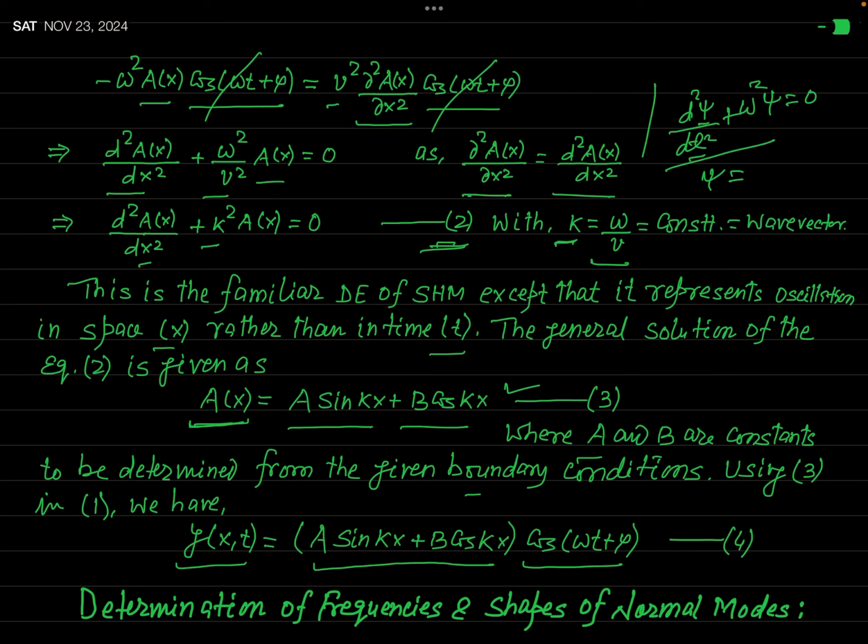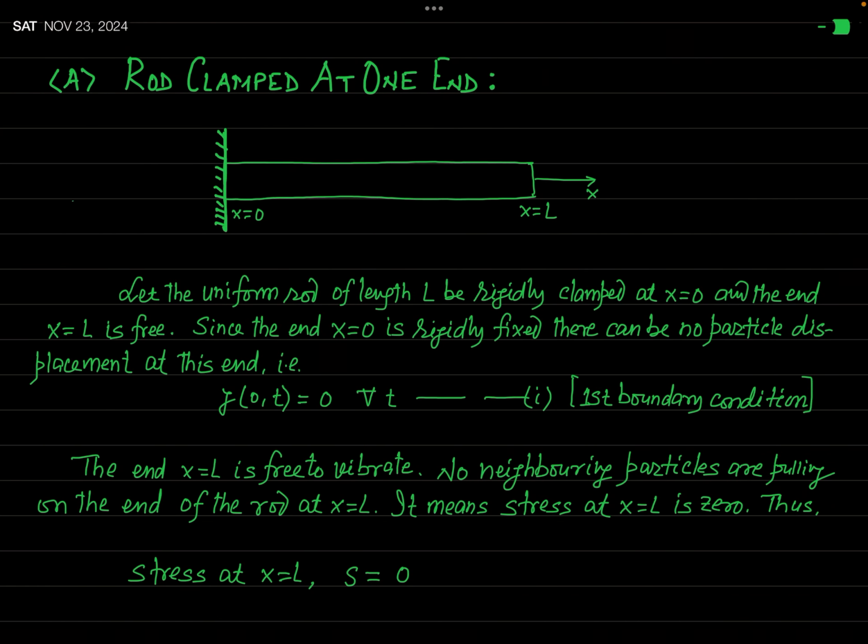Now we shall determine the frequencies of vibration and the shapes of normal modes in the case of longitudinal vibration of the rod under the proper boundary condition. For this we consider a proper situation, that our rod is clamped at one end.